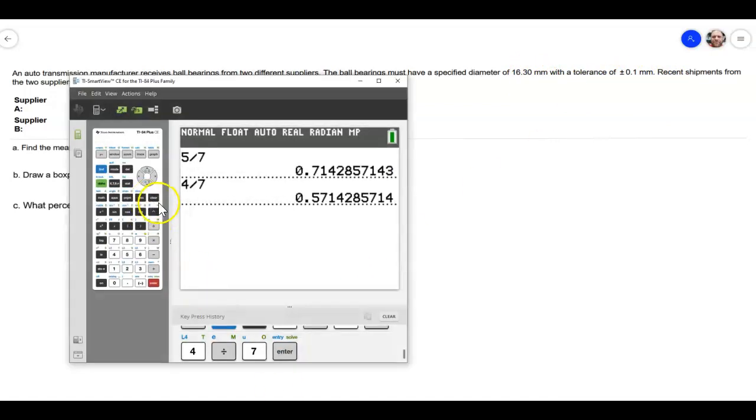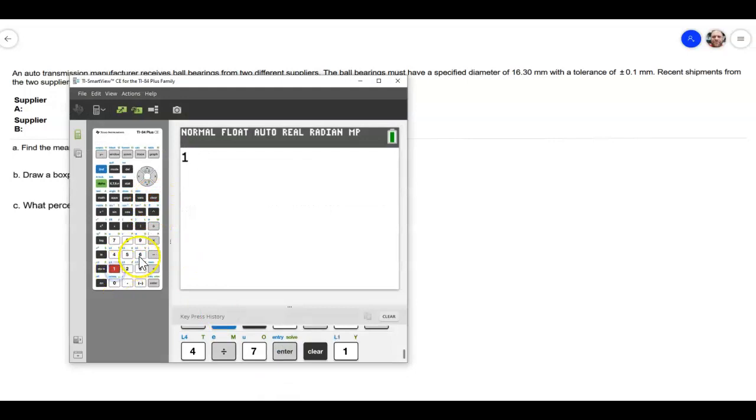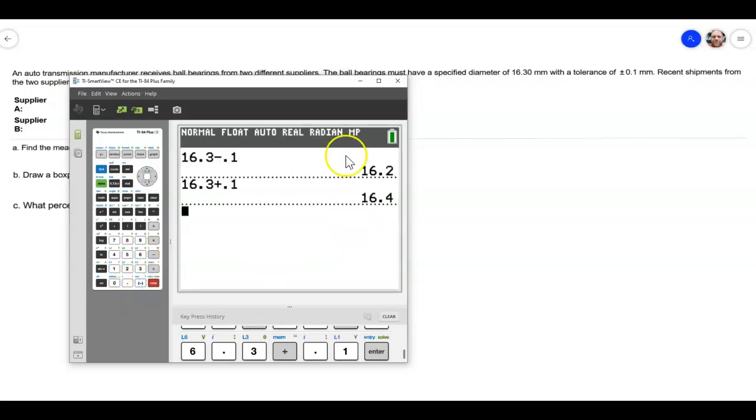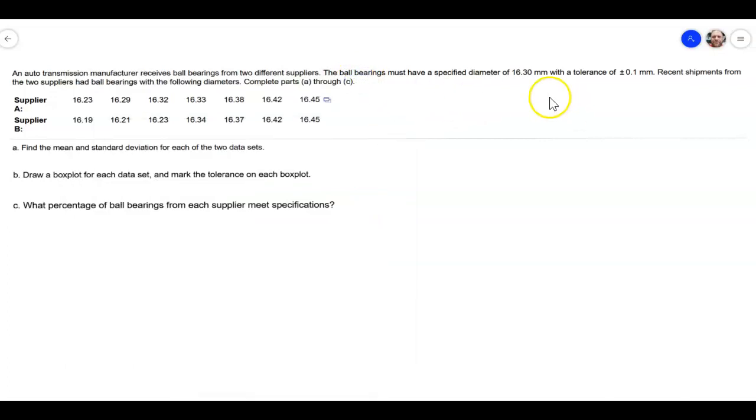If I go to my calculator here, 16.3 minus 0.1, that's 16.2, and 16.3 plus 0.1 goes to 16.4. So they want to see how many are between 16.2 and 16.4. That's really what they're asking here.